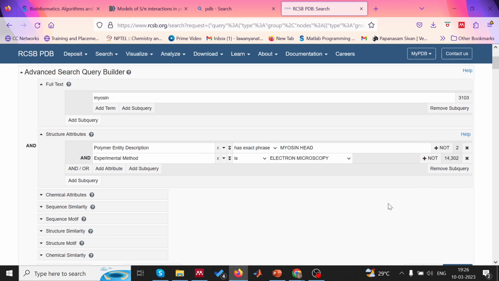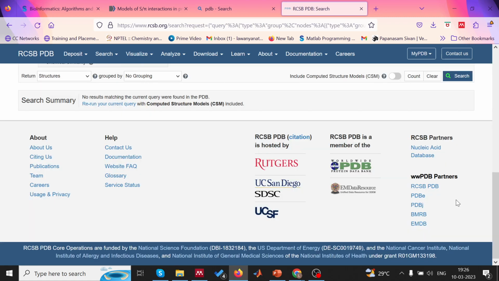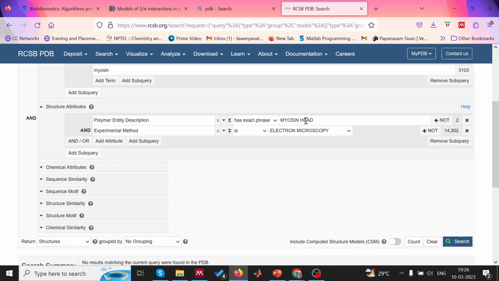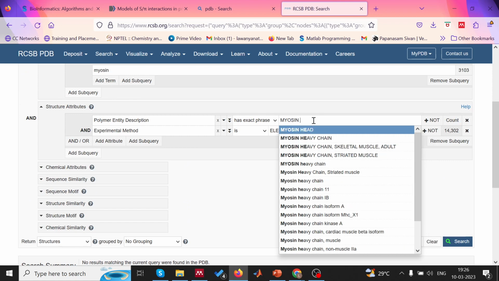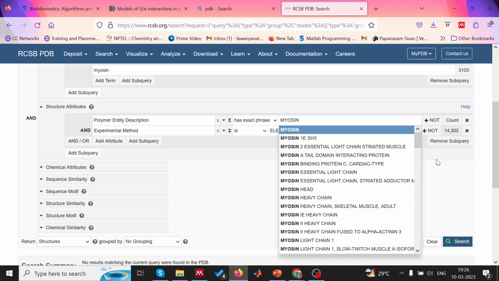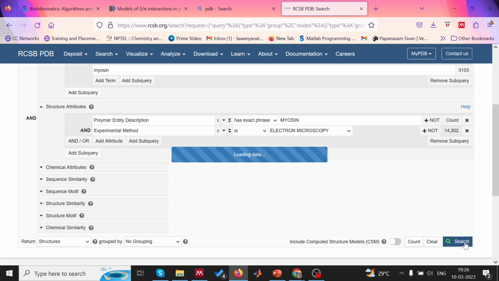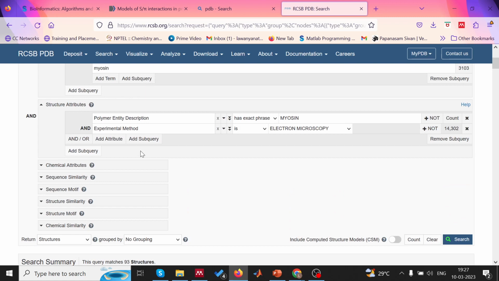I'm going to click search again. Now it says no results matching the current query were found in PDB because of this guy. Because myosin head made it very specific that only two structures were available. So now if I press enter again, you're getting 93 structures. So this is a refinement from 3103.